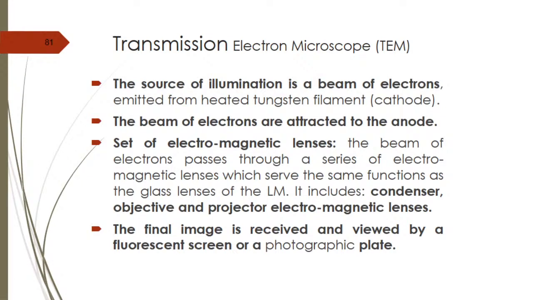The beam of electrons is attracted to the anode. The beam passes through a series of electromagnetic lenses, which serve the same functions as the glass lenses in light microscopy, which we were talking about a minute ago, and the final image is viewed on the fluorescent screen.